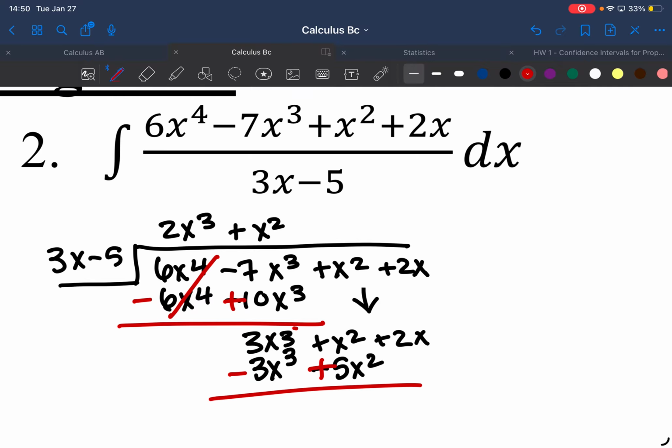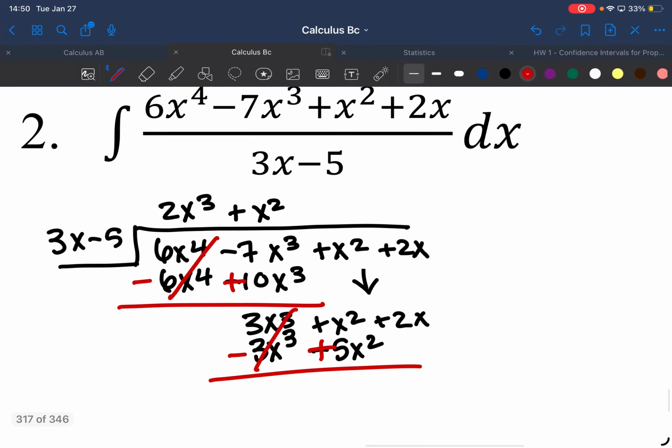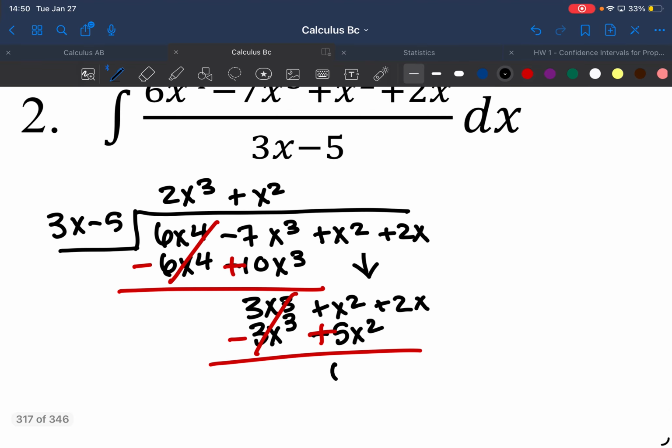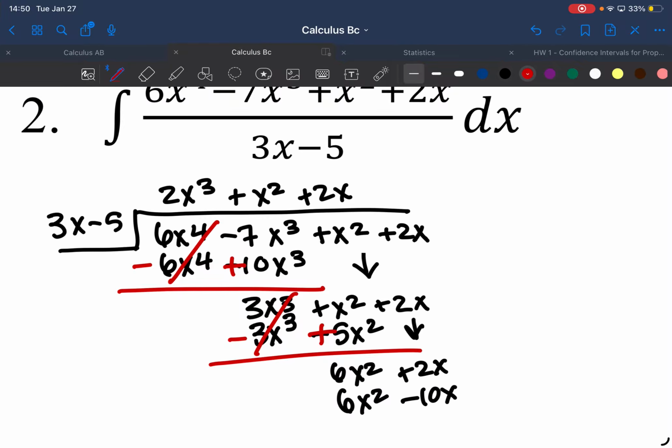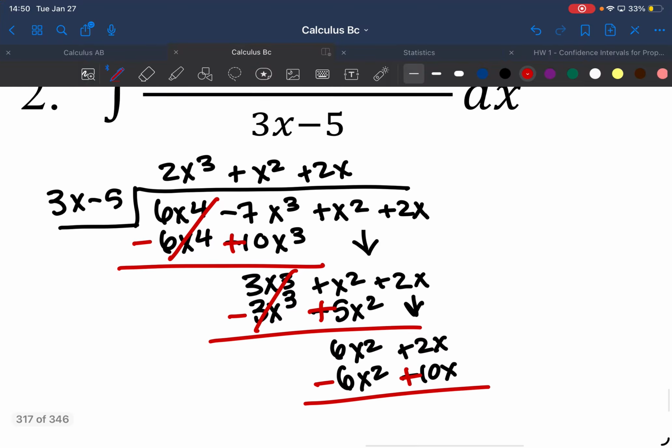Okay, change the signs, add everything down. The first term should cancel. So I have 6x squared, bring down the 2x. Okay, what's my next one? Multiply it by 2x. So I have 6x squared minus 10x. Change the sign.